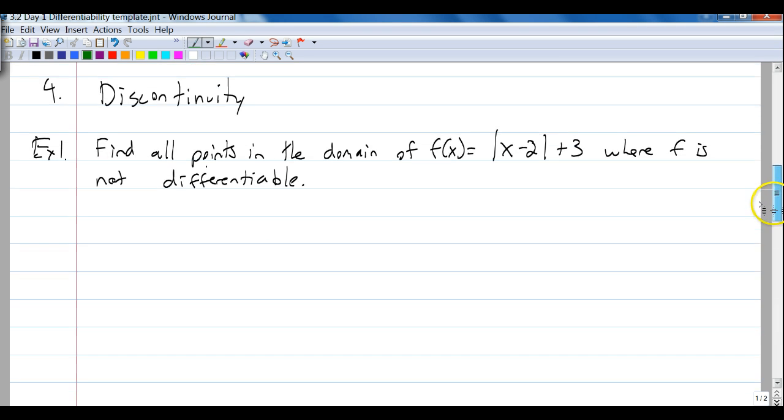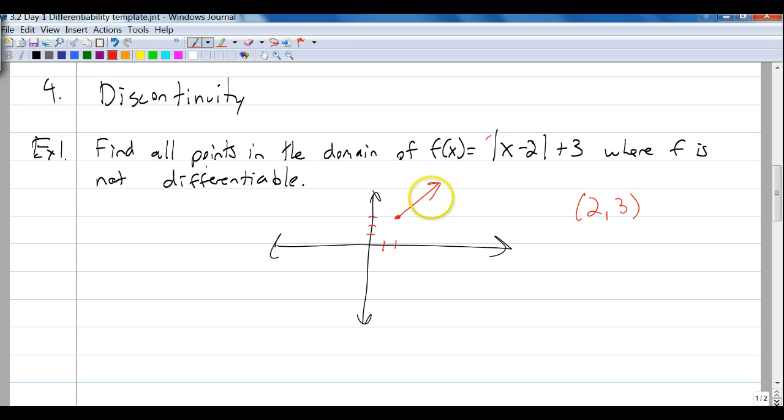Alright, for this example, find all points in the domain of this absolute value function where f is not differentiable. Well, again, knowing our absolute value curves and equations, you should note that this vertex is at (2, 3). So there's our vertex. Since the slope is 1 and positive, it's going up in both directions with slopes of 1.